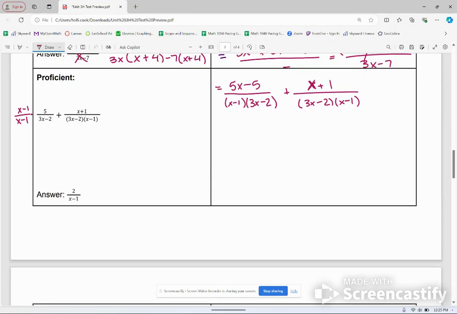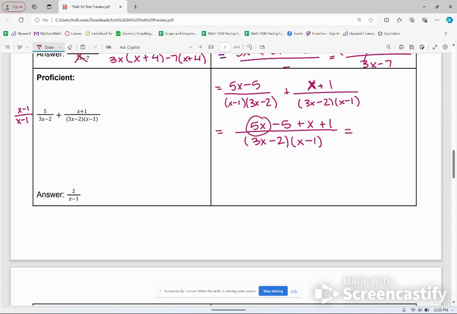Now we can combine them, and you can jump straight to this step if you want after you multiply. We're just going to keep the bottom, and since this one's plus, I don't have to worry about distributing a negative, so we can just put plus x plus 1.